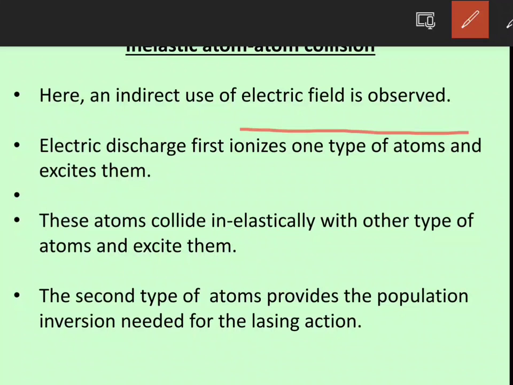But in this method, the accelerated electrons collide with another type of atoms, and due to the collision the other type of atoms are excited.